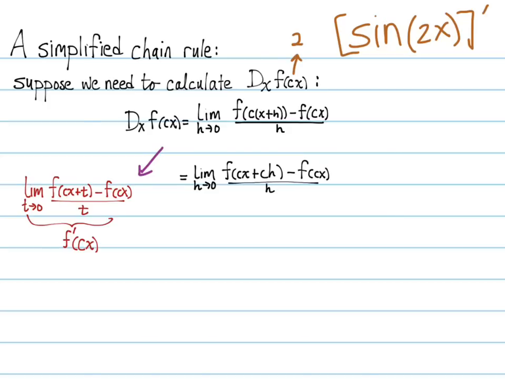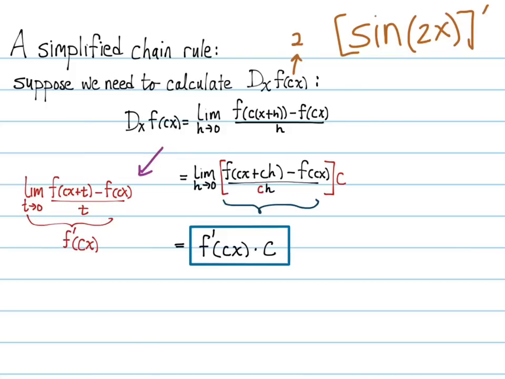But t matches t, and over on the right we have a ch and an h, and those don't match. We can make it match by multiplying on the bottom by c, and also multiplying on the top by c, since we're not allowed to change it. Since it now matches, this part is f prime of cx, and the c is just the c left over.